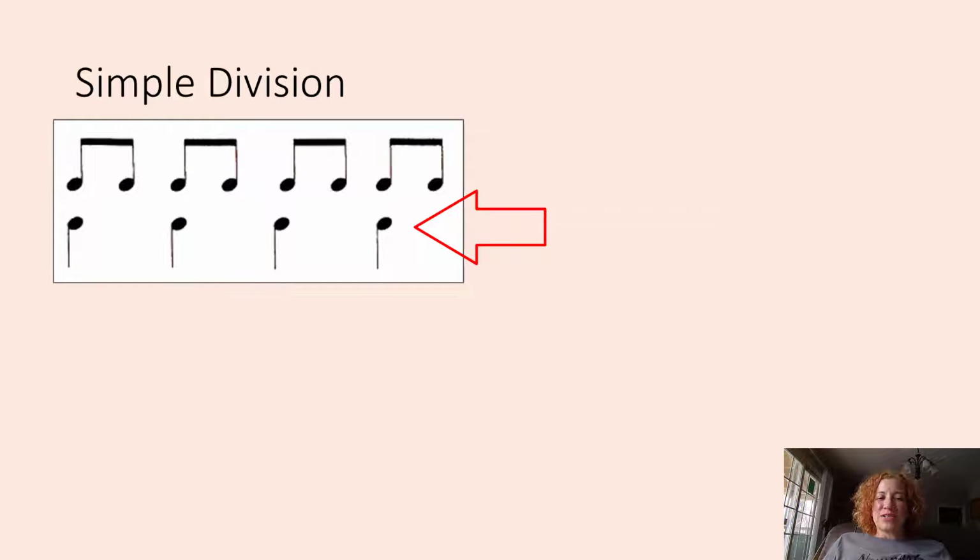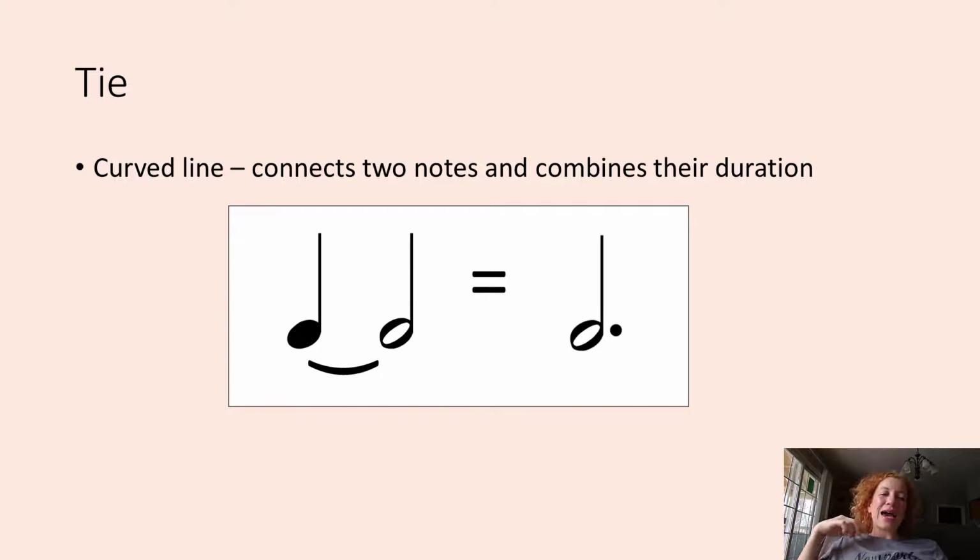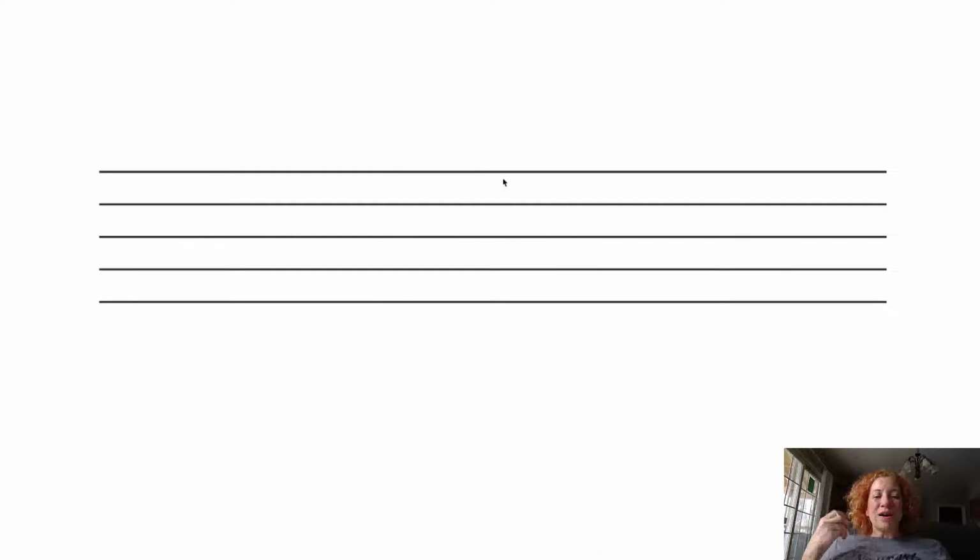All right, so basically the tie and the dot are two different ways of notating the same rhythm. Okay, so how are we going to choose one or the other? We are basically going to think about the ease of reading the music.